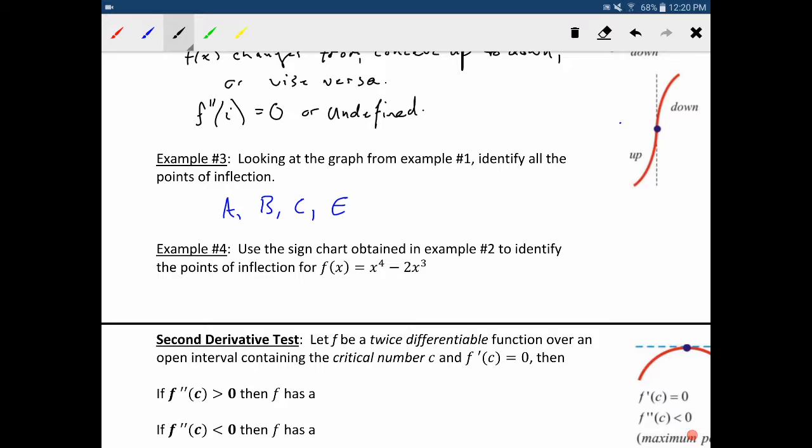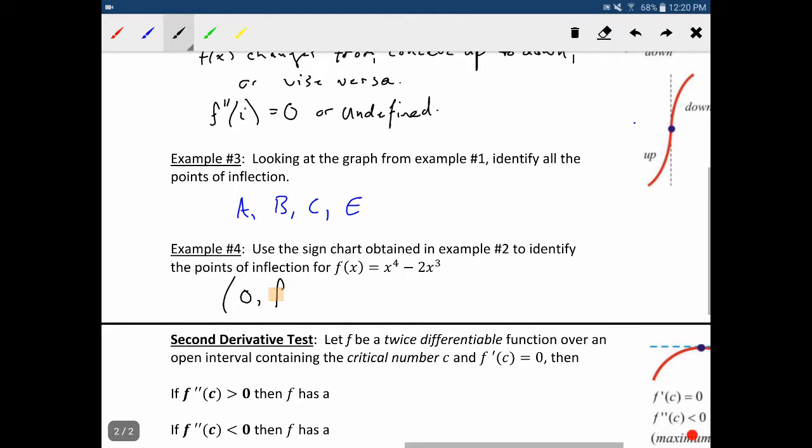So we'll just write the points as 0, f of 0, which actually is just 0. So it's (0, 0), and then when x was 1, which would give us -1. Okay. So there you go.